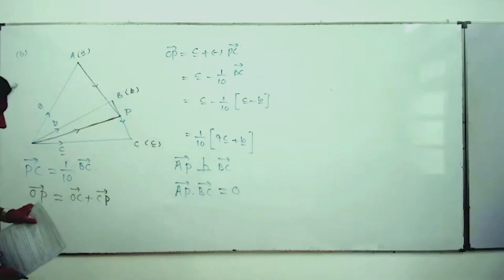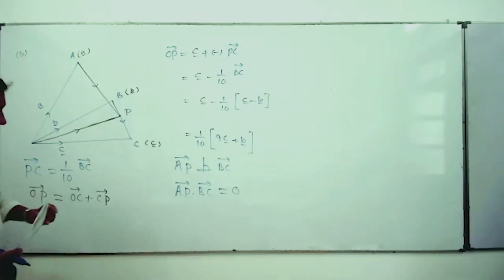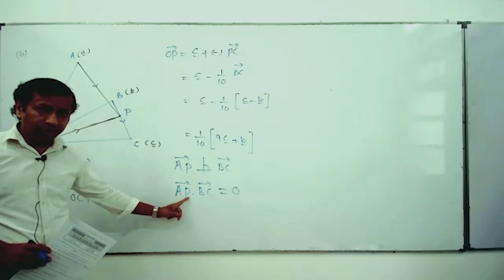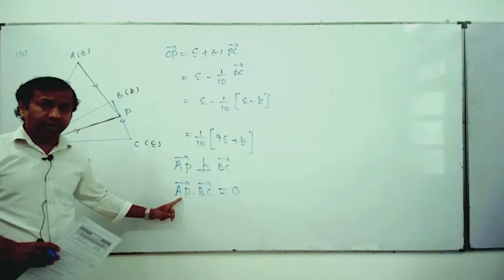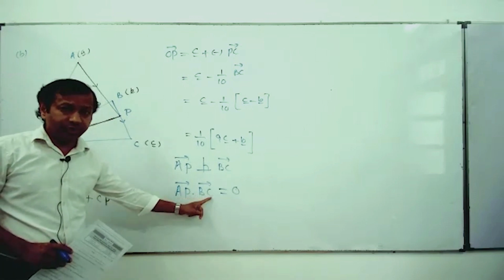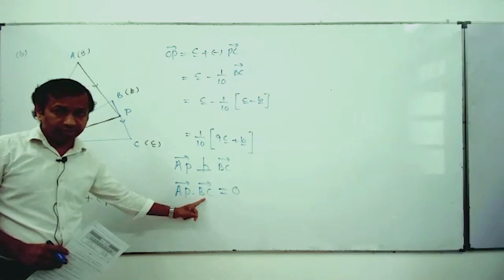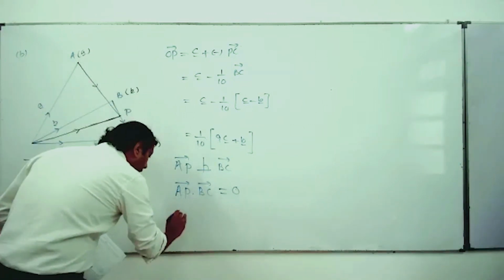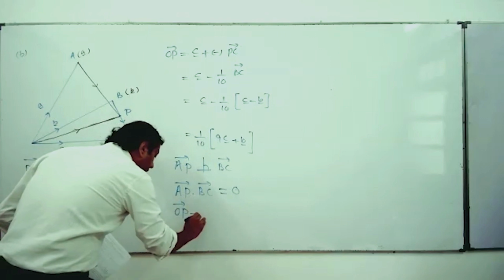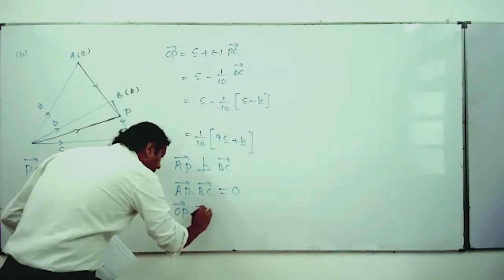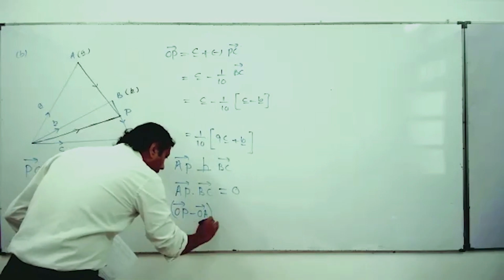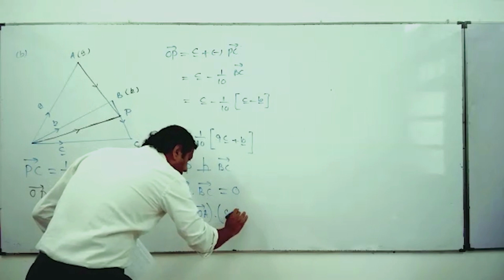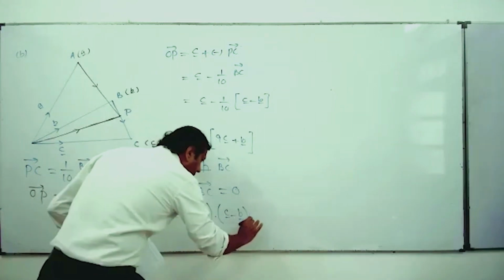AP vector you can write as position vector of P minus position vector of A. BC vector is position vector of C minus position vector of B. This is position vector of P, that is OP, minus position vector of A, that is OA, dot position vector of C, simply c, minus that of B, simply b, should be equal to 0.